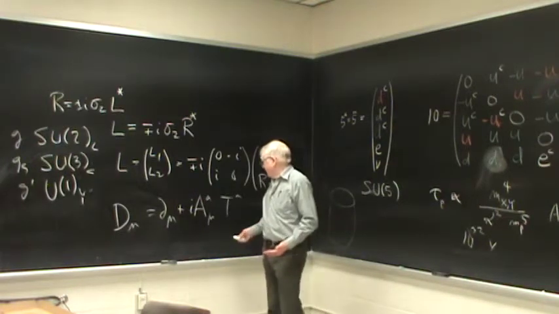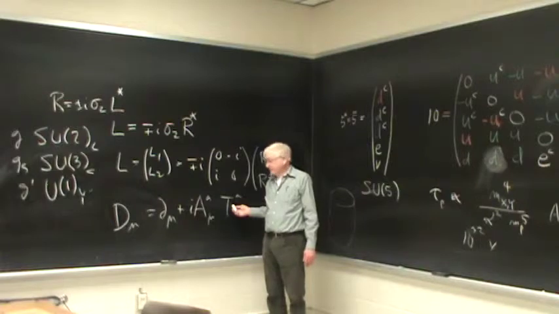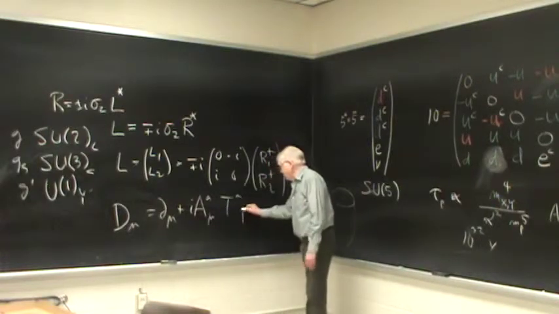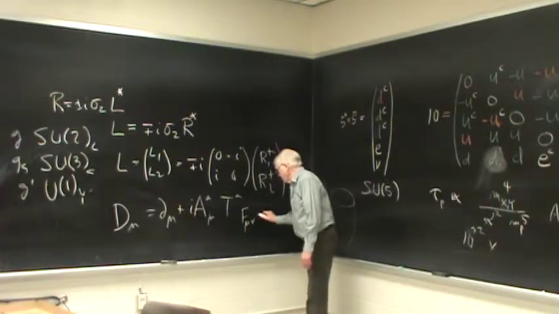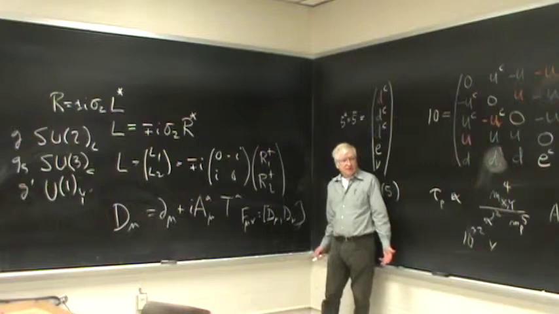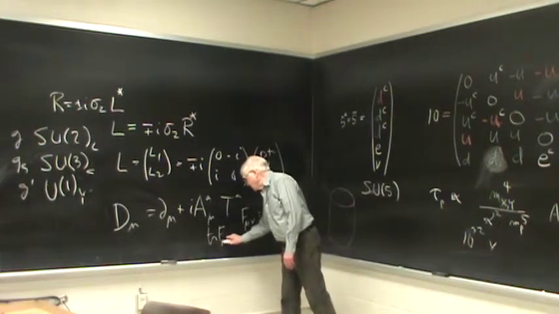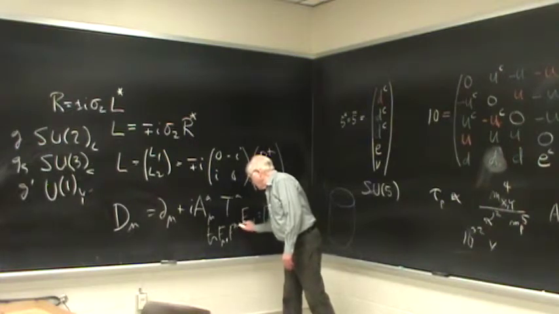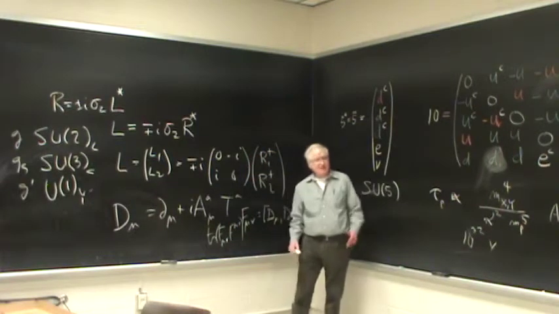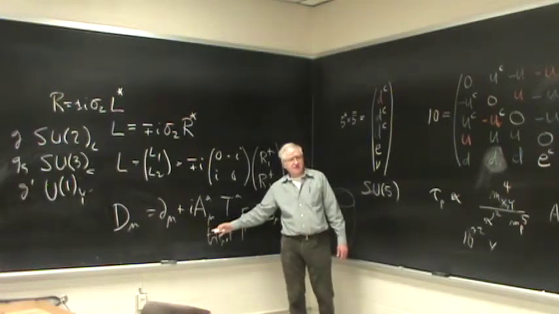And these are then 5 by 5 matrices. So your F mu nu is just the commutator of the covariant derivatives. Then you take the trace of F mu nu, and that's part of the action with a suitable coupling constant.